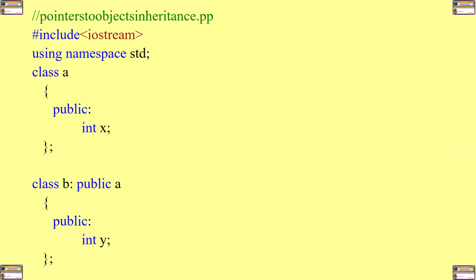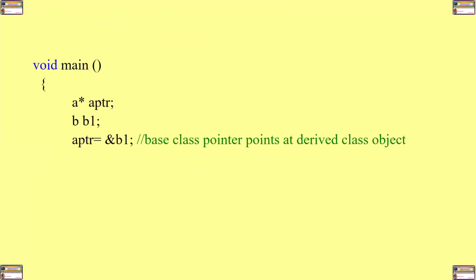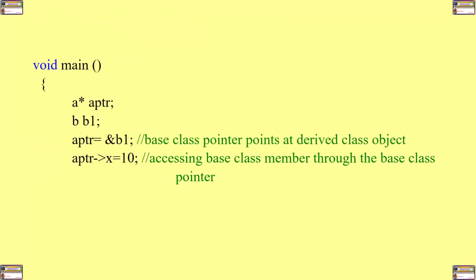Remember, X is a member of the base class, while Y is a member of the derived class B. And therefore, this statement accesses the base class member X through the base class pointer.